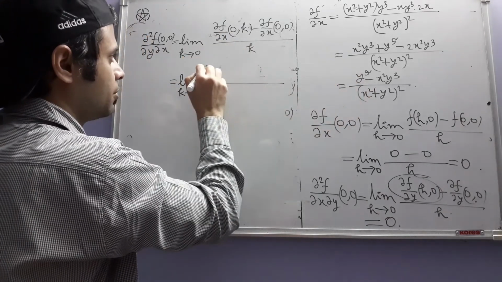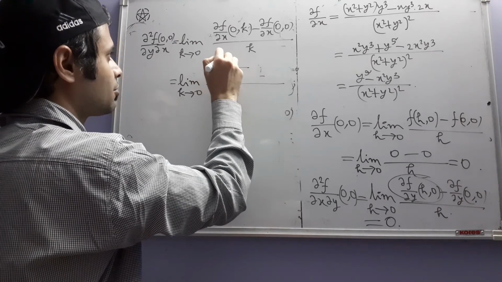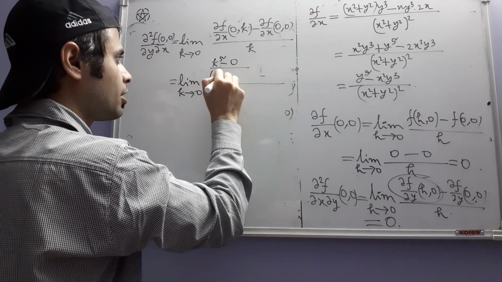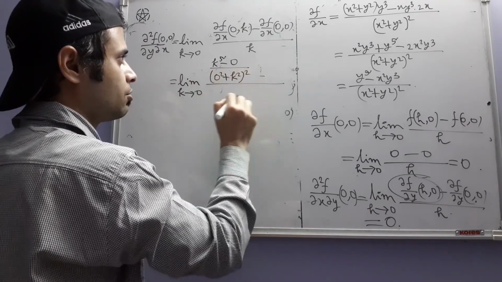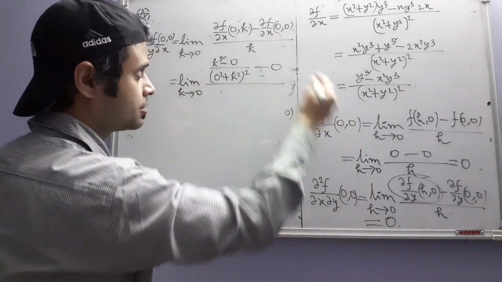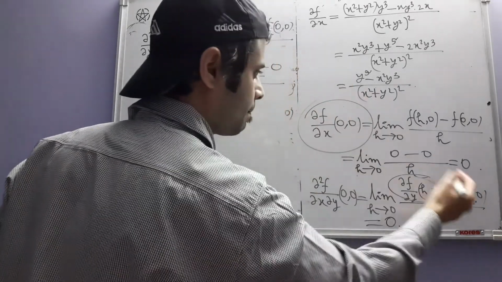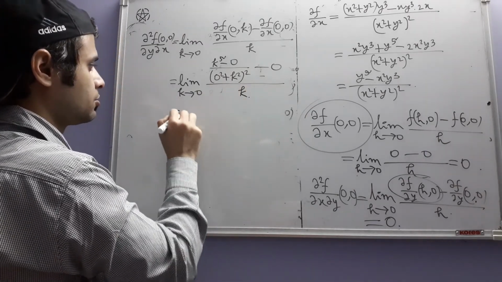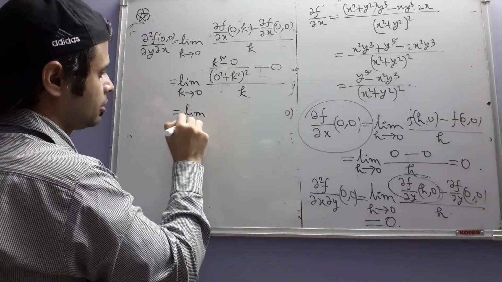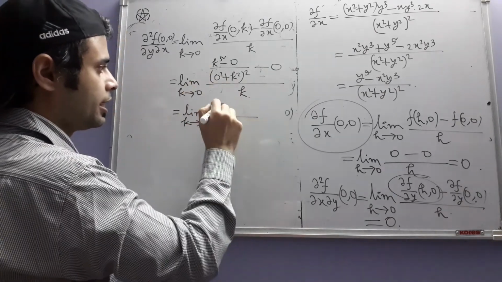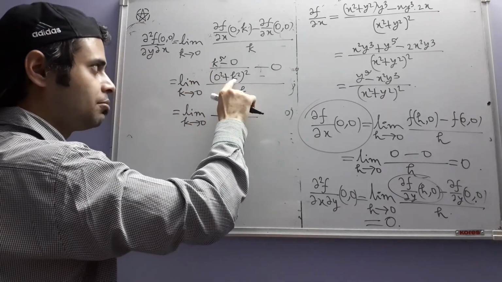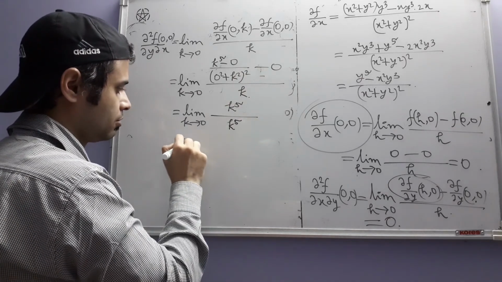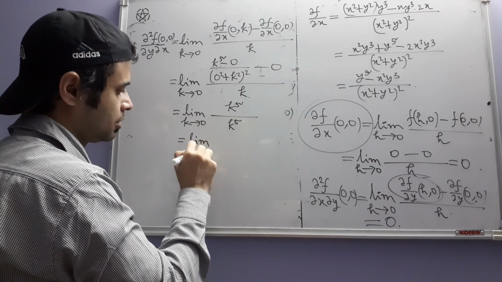What about this one? k⁵ minus 0 divided by (0² + k²)², minus 0. This thing is 0. This one is 0, divided by k. So you see, limit k tends to 0, k⁵ divided by k⁴ and another extra k, so this becomes 1.